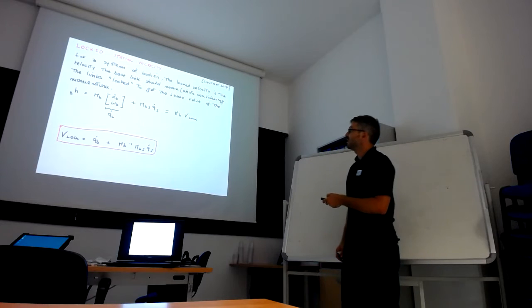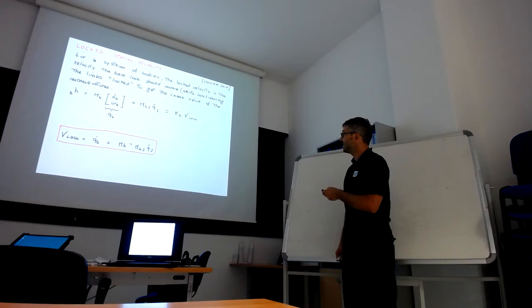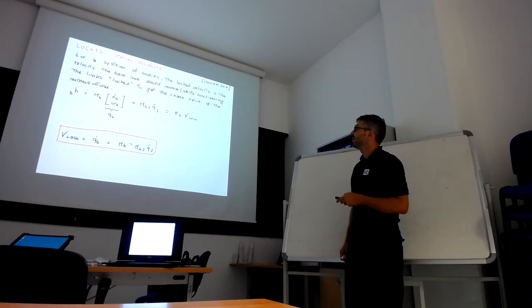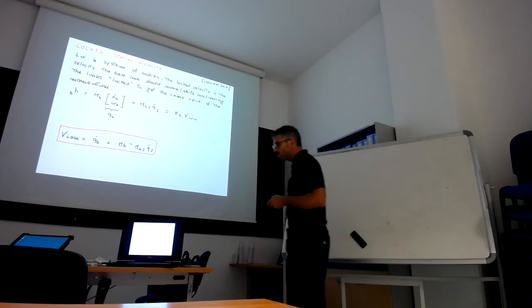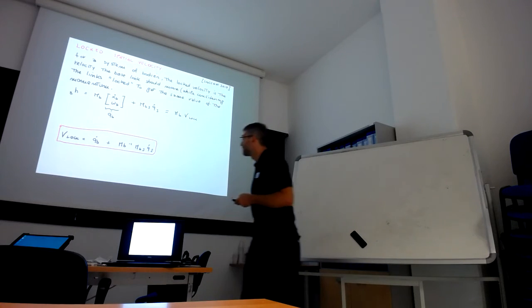This is the way you compute this. It's a 6D vector with linear and angular velocity, and it's called locked spatial velocity.